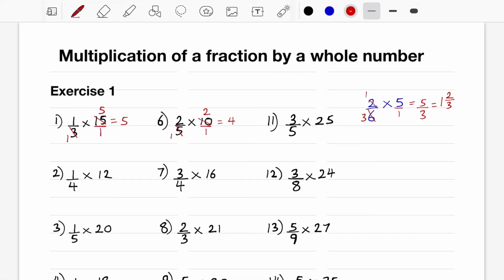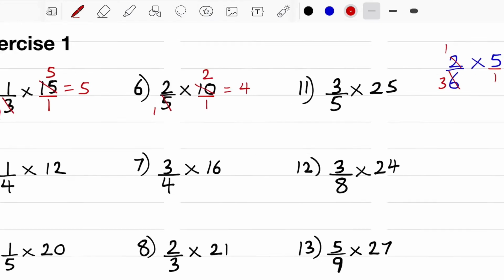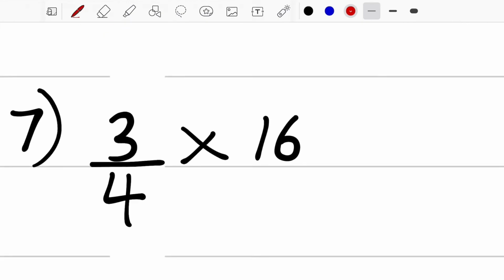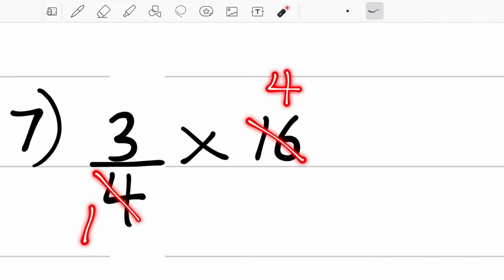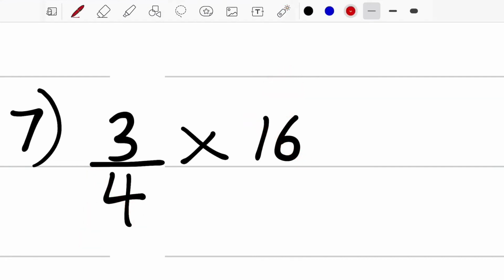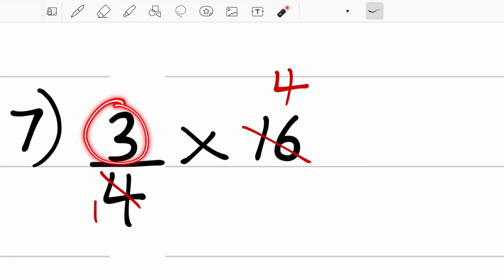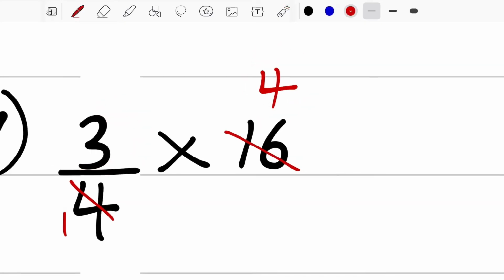So let's do one more. 4 into 4 is 1. 4 into 16 is 4. We can't cancel or reduce any further, so we multiply across. 3 times 4 is 12.